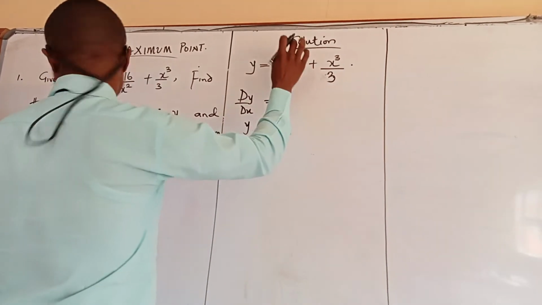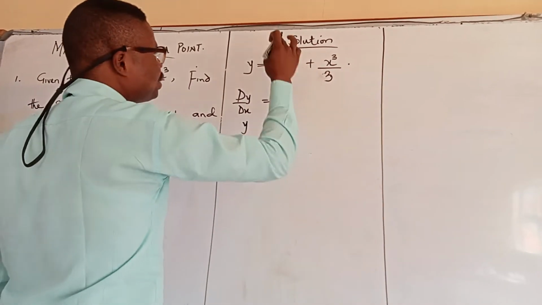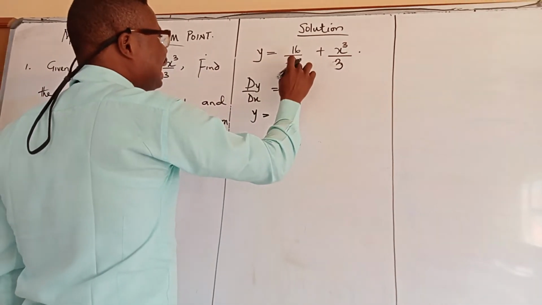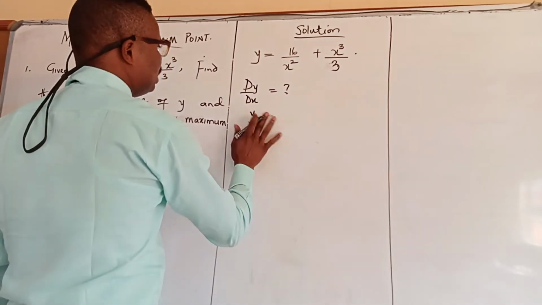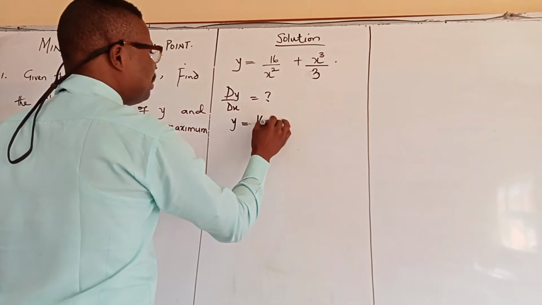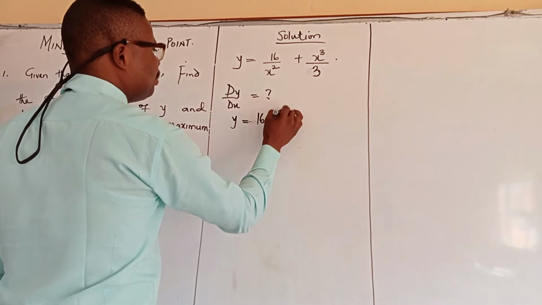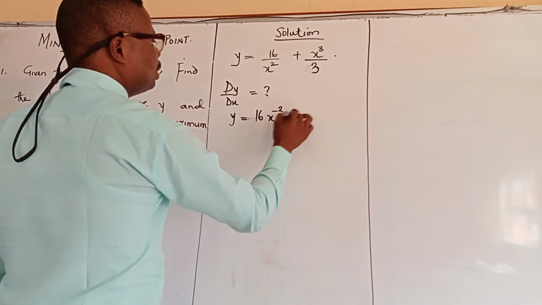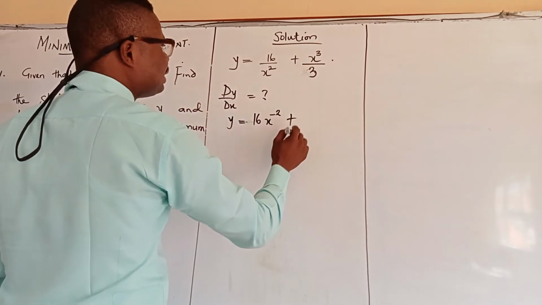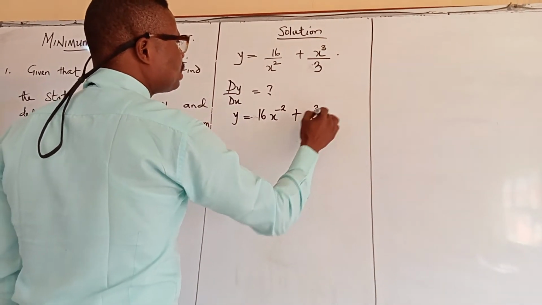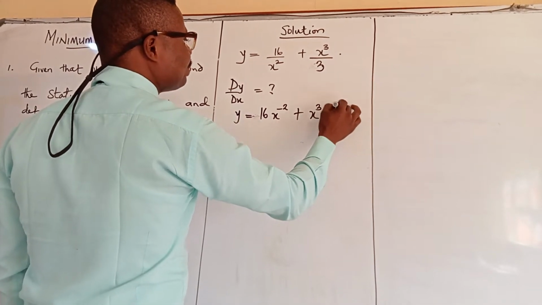We are expected to rearrange this for easy differentiation. If y equals 16 over x raised to the power 2, it is the same thing as 16 multiplied by x raised to the power minus 2. And x cubed over 3 is the same thing as x raised to the power 3 multiplied by 3 raised to the power minus 1.